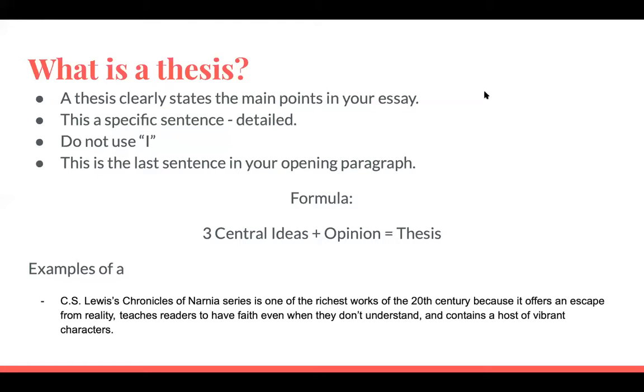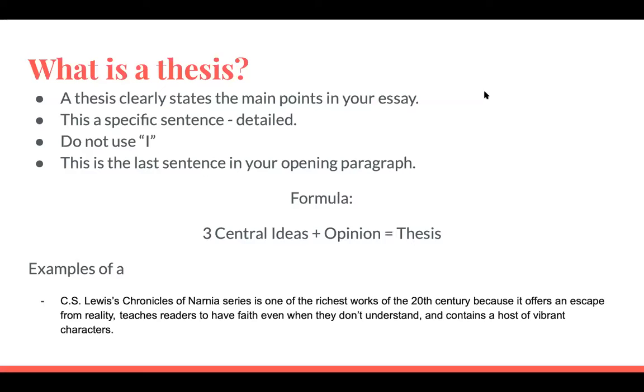You can say research shows, or statistics show, and so on and so forth.